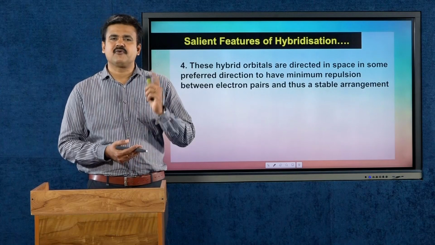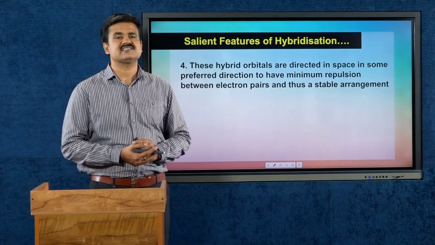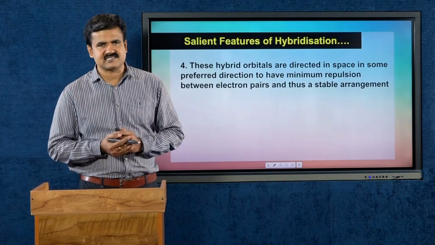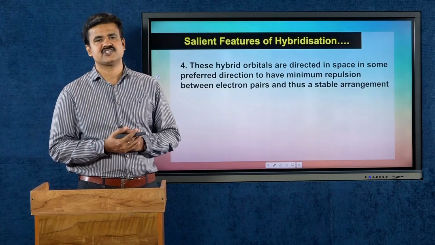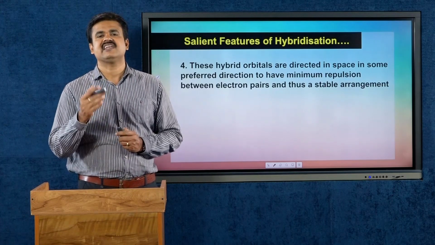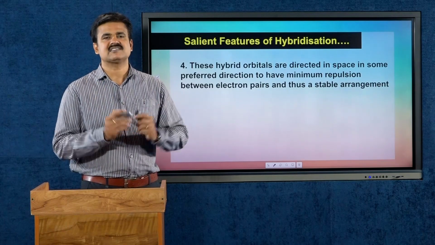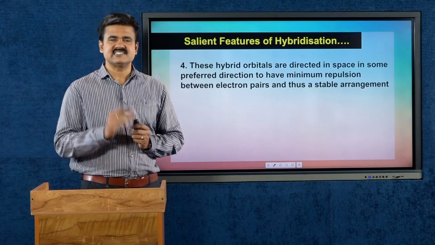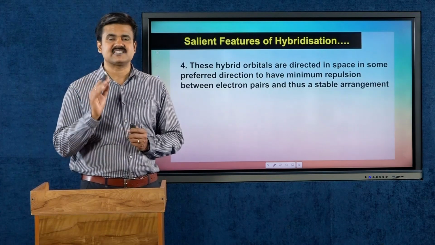Now, the fourth salient feature of hybridization is that the hybrid orbitals are directed in space in some preferred directions to have minimum repulsion between electron pairs and a stable arrangement. That means the hybrid orbitals take orientations in such a way that there occurs minimum repulsion between the electrons present in them.